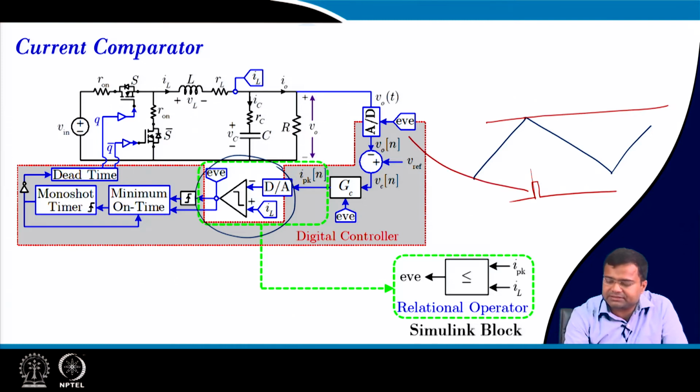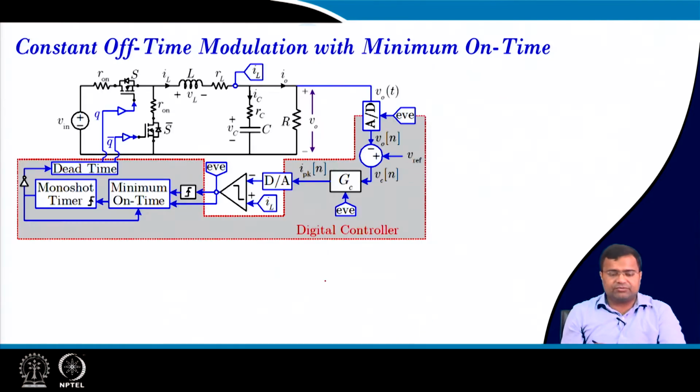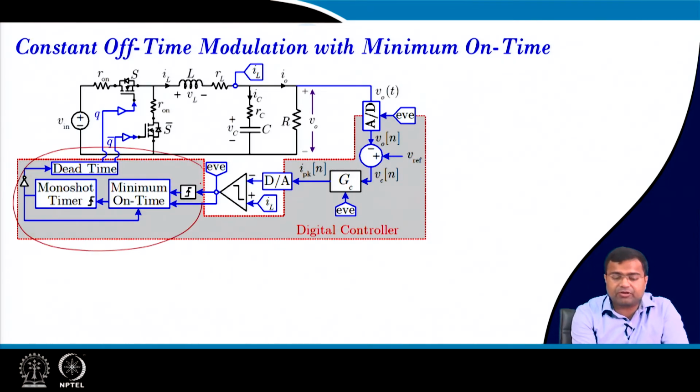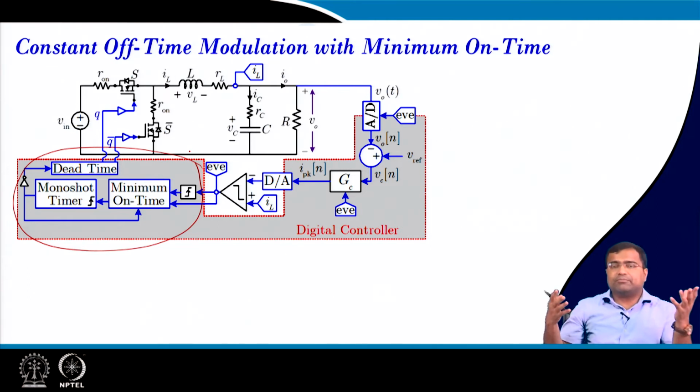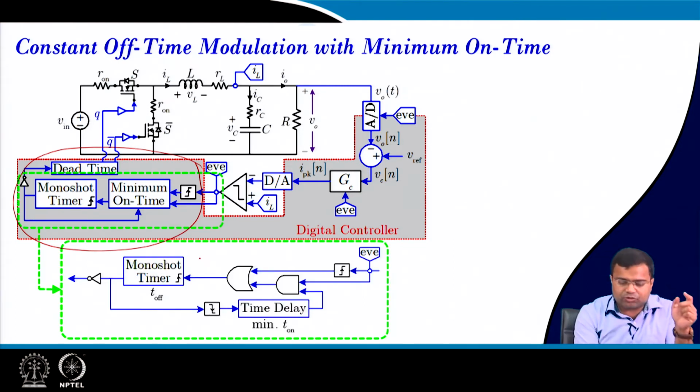So, this event is generated from the comparator output when it just triggered, and this rising trigger will enable the monoshot timer, because you have to turn on the constant off time block. When the inductor current hits the peak current, your monoshot timer is enabled, and as long as the monoshot timer is enabled, the switch will remain off.